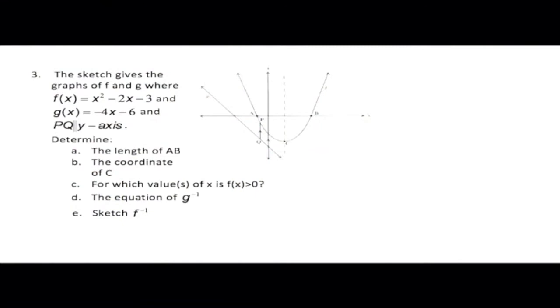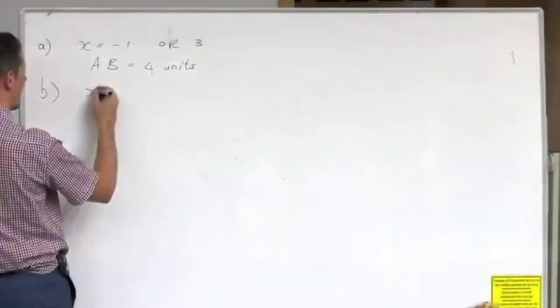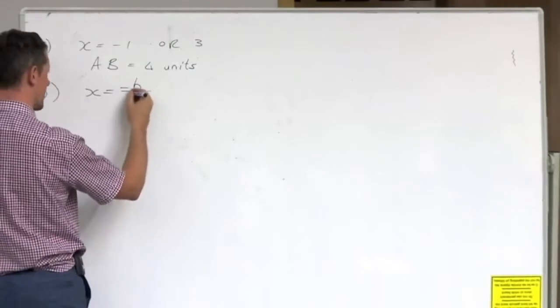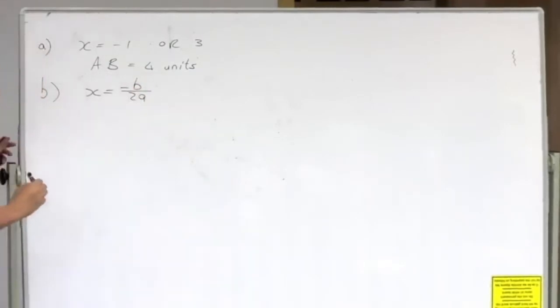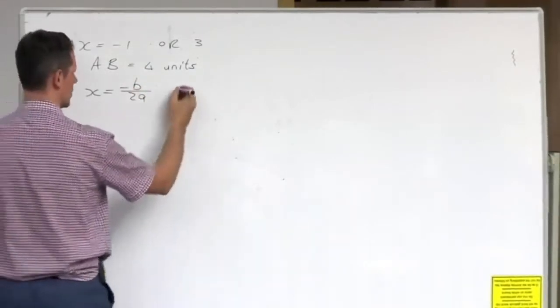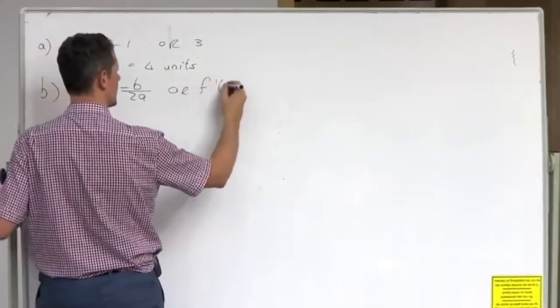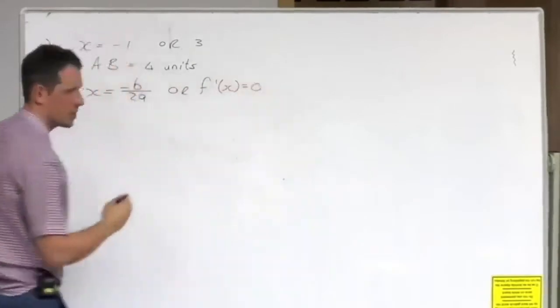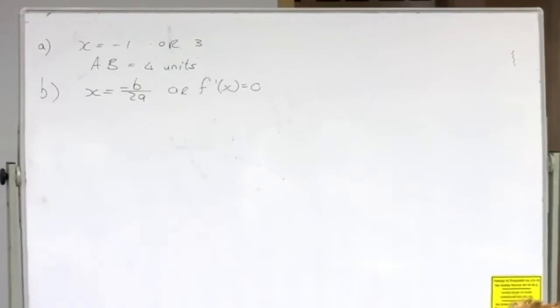We did it earlier: x equal to -b over 2a, or first derivative equal to 0, or there's a third one.